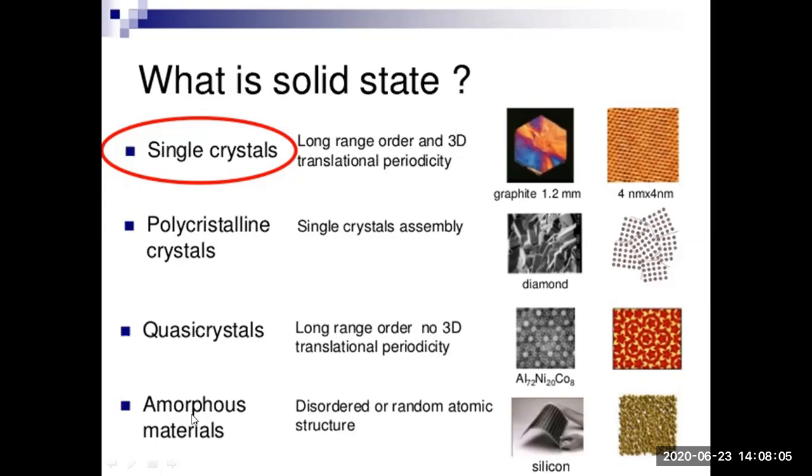Next is the amorphous materials, with a disordered or random atomic structure. There is no crystalline pattern. These are of all random sizes, and they are all mixed. So you cannot determine any pattern or design out of it.